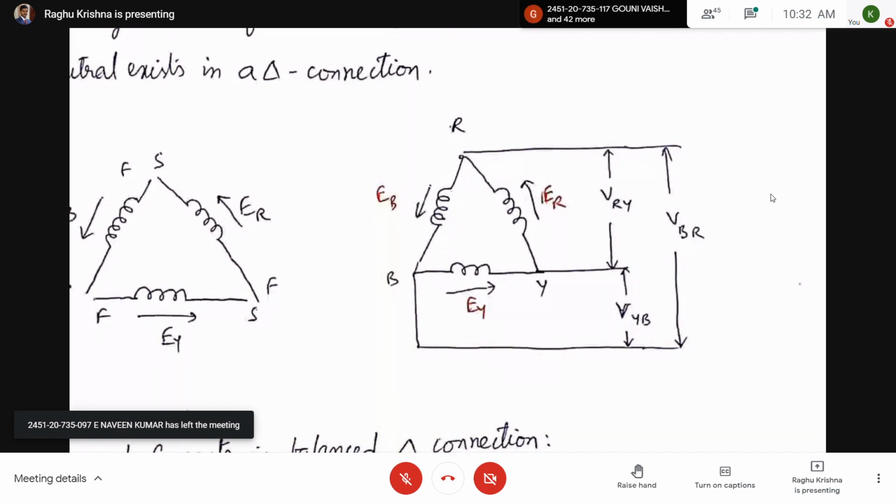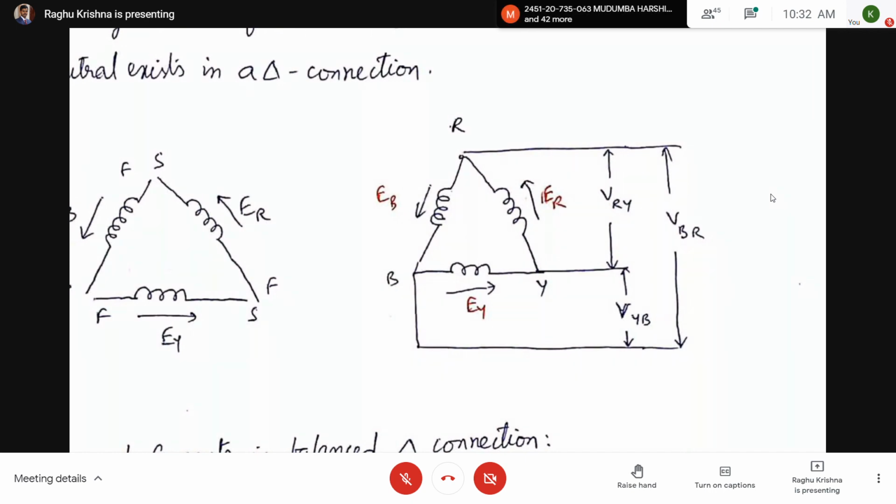To the EY direction, we put the point Y and draw a line, that is the line Y. Similarly, for EB, if you see the EB arrow, you put a B, mark it as B and take a line from that.